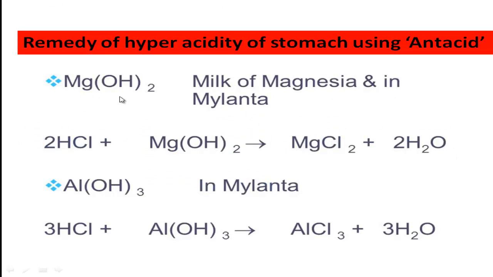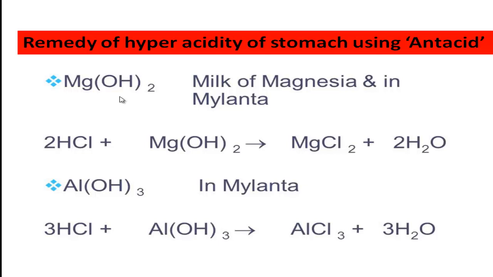We know that for the digestion of food inside the stomach, an acid is needed, and that is hydrochloric acid. It is produced inside the stomach due to different reactions. But when the production of hydrochloric acid is more, then what happens?